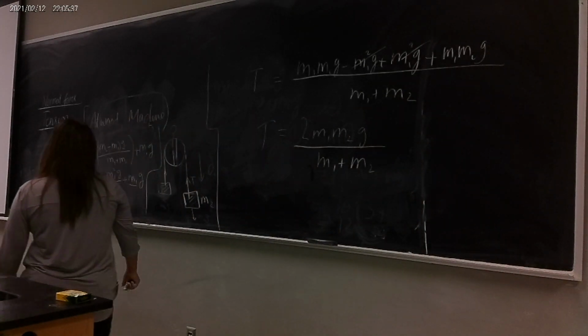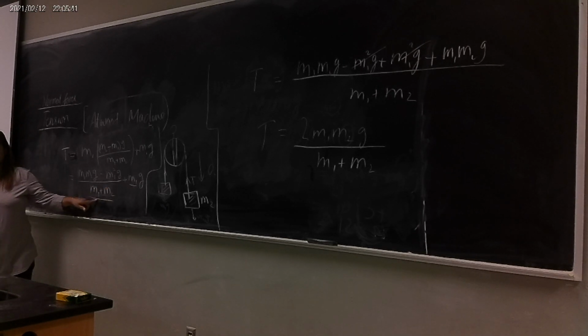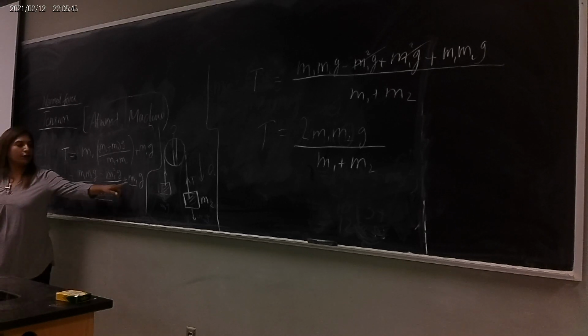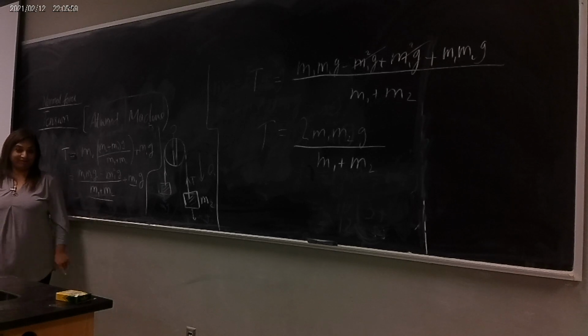From here, you have to take the LCM because you need to combine them, right? This one is already in the denominator of this one. This one will get multiplied with this. So you have a common denominator, like adding fractions.